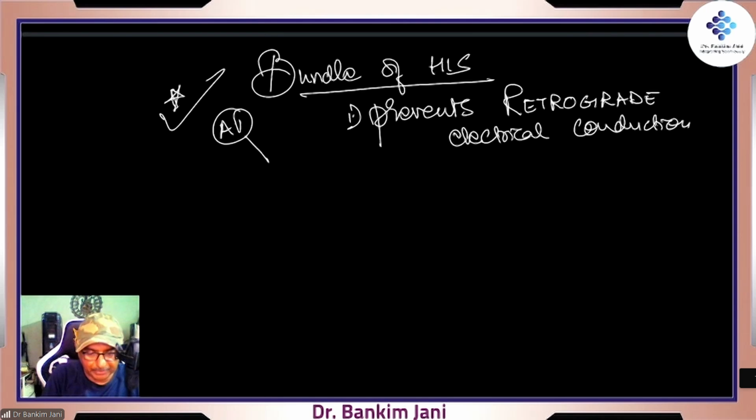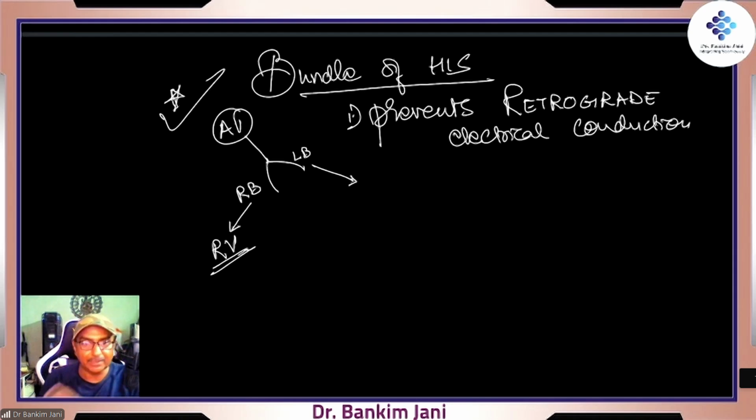So here, as we said, there would be the right bundle and there would be the left bundle, correct? This right bundle will supply the right ventricle, and the left bundle will supply the left ventricle.